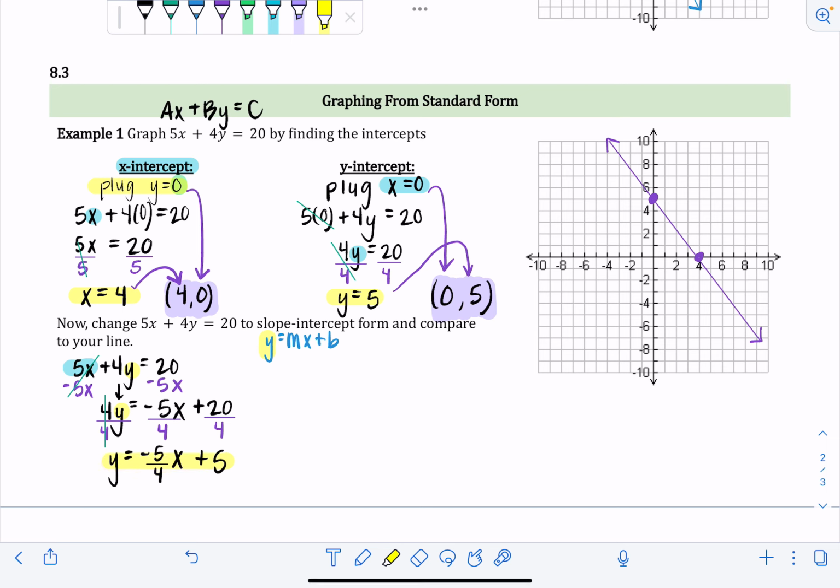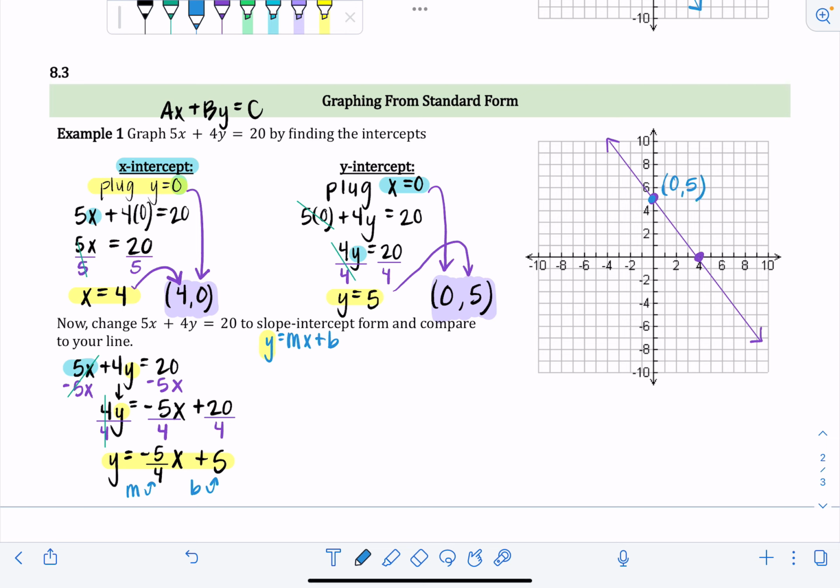I just want us to go ahead and compare that equation to the graph that we already had. So this is my m, my slope, and then this is my b, my y-intercept. So remember, b is like where we start. It's the point that we start on the y-axis. So right here, we have a point at 0, b, which is 0, 5.